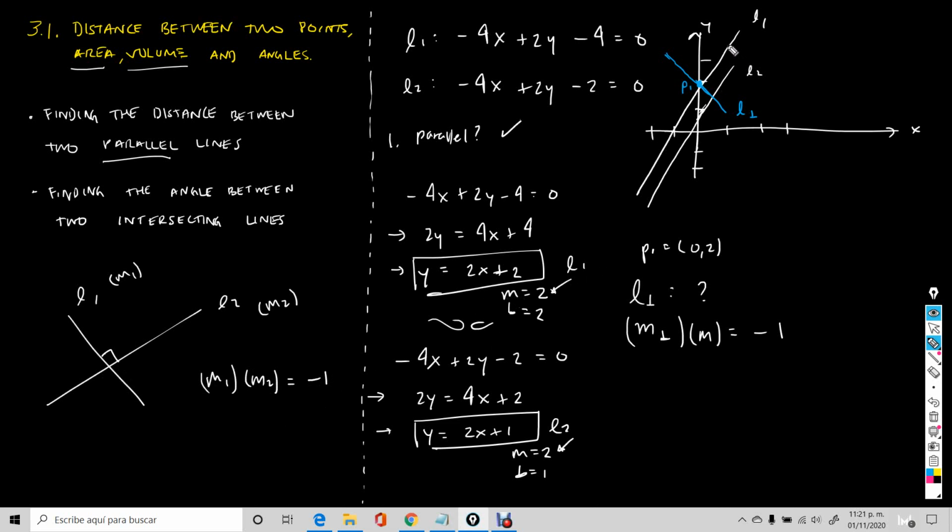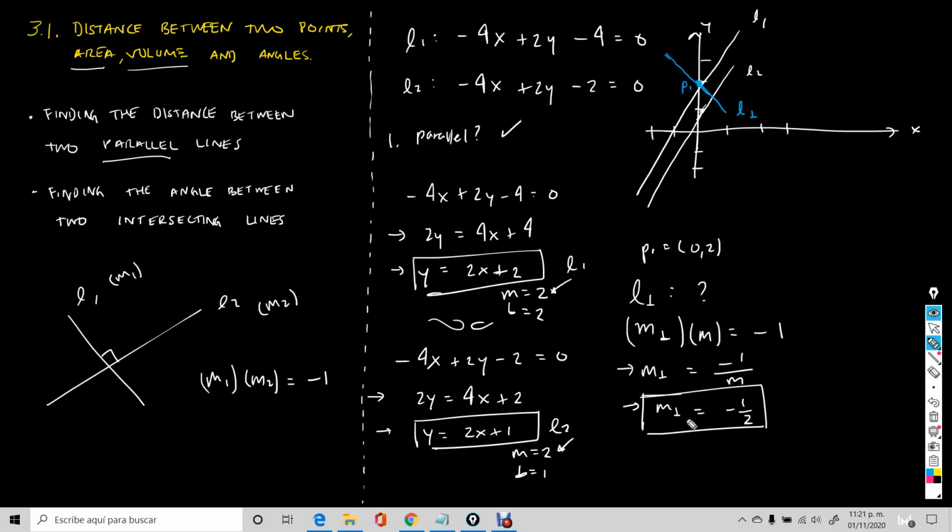So the same has to work in here. If the slope of this L1 is 2, then when I multiply that 2 times this other slope, the result has to be minus 1. So let's actually find that slope. All I need to do is isolate and then substitute what the M was, which is 2. There you go. So this is the slope of the L perpendicular.